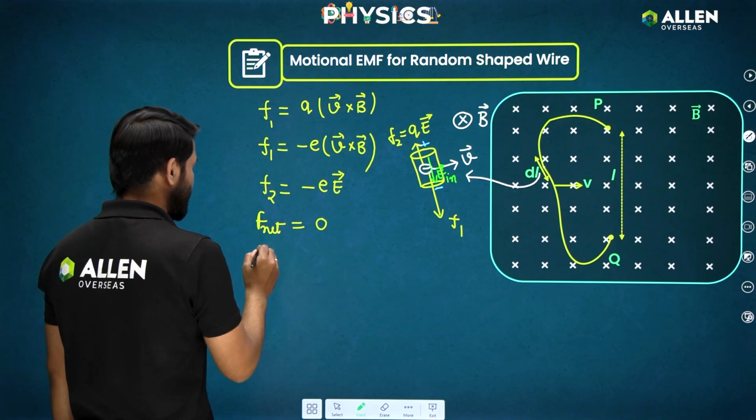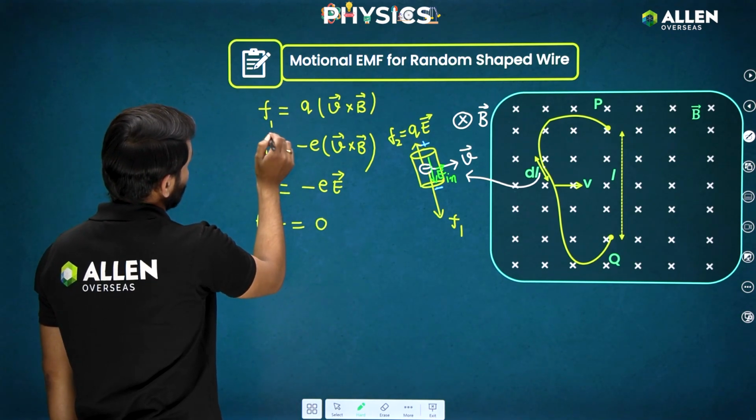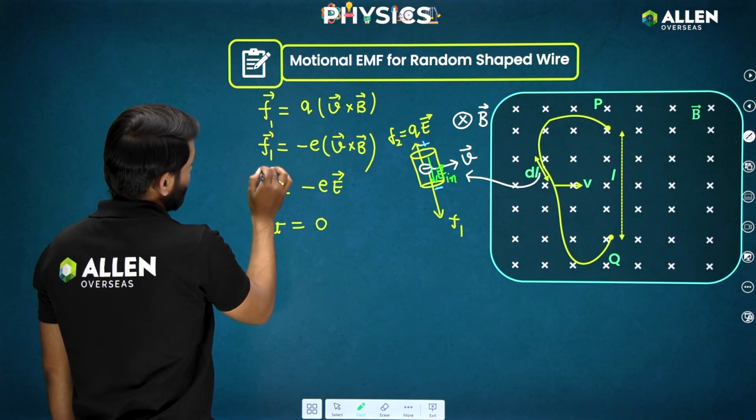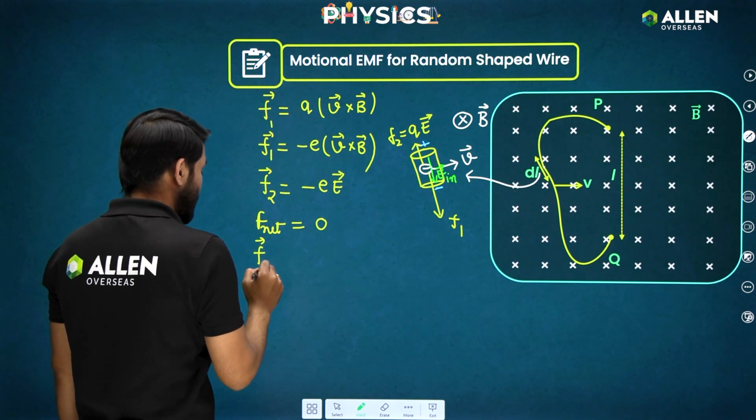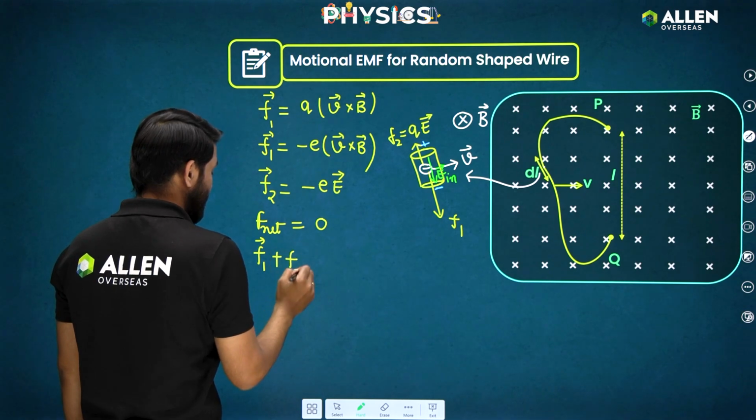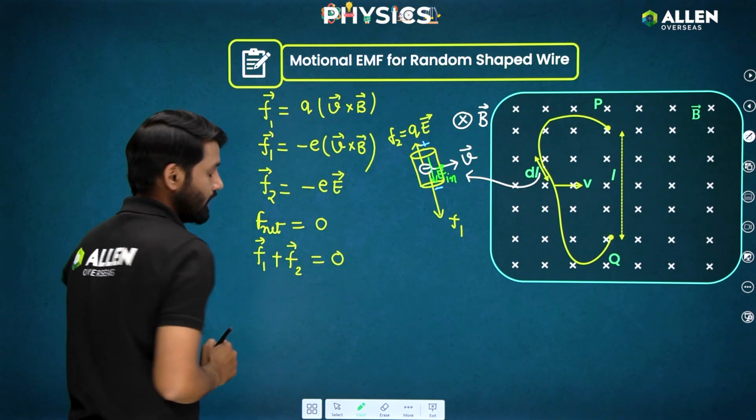So net force you can write F1 vector, this is vector, this is vector, right? F1 vector plus F2 vector is 0.